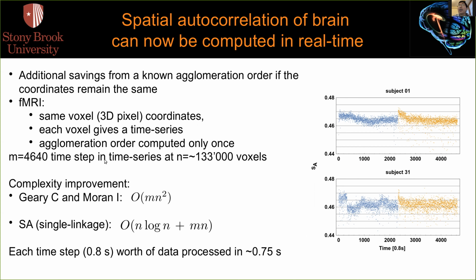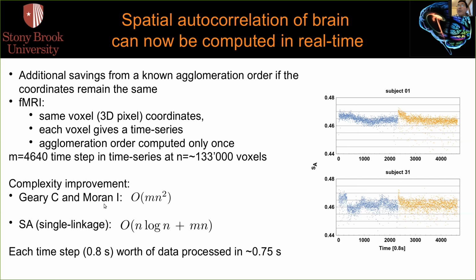By recycling the merge order computed once, in the case of single linkage clustering we can do the merge order computation spending n log n time once, and after that do the linear complexity statistic calculation M times, giving n log n plus mn complexity.